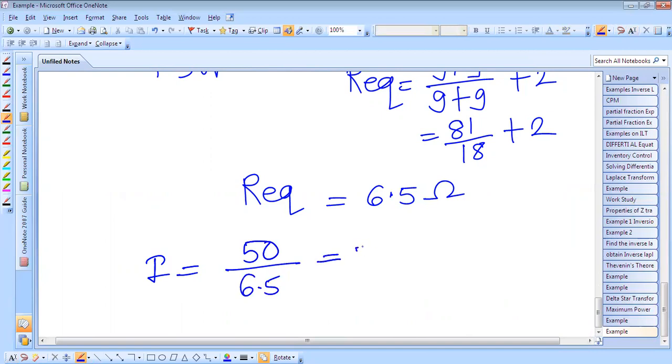This is coming equal to 7.692 ampere. So we have got here the current flowing through this. Now we know the current flowing through the circuit, and therefore we can now calculate the VTH.